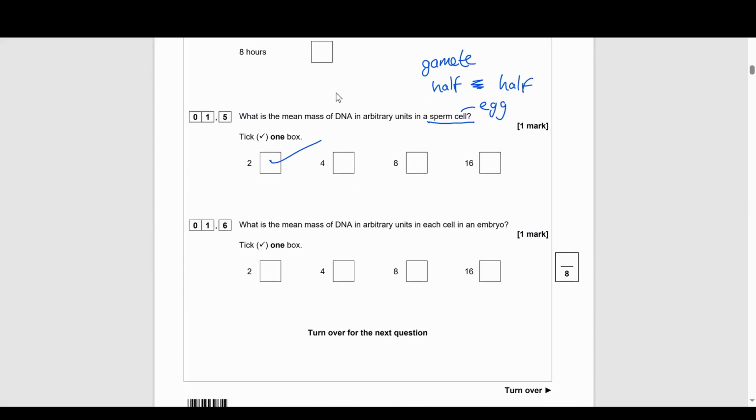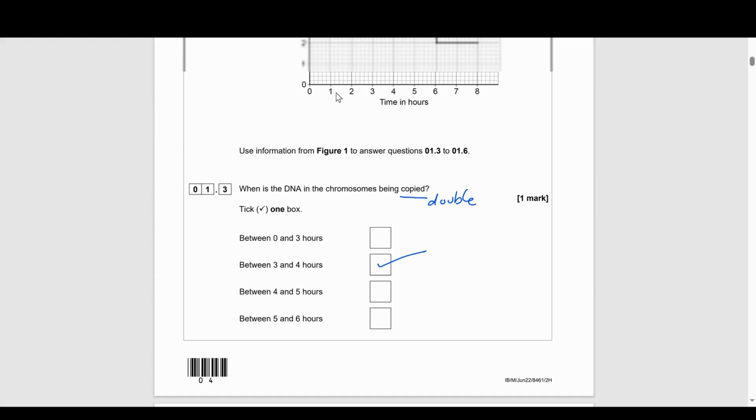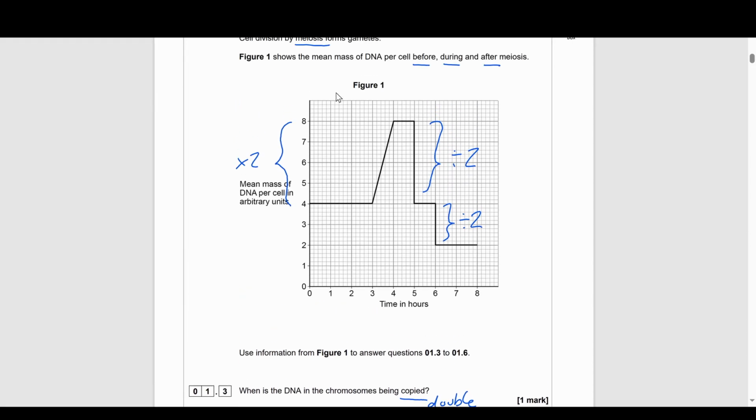What is the mean mass of DNA in arbitrary units in each cell in an embryo? Well, our embryo is going to be produced as a result of fertilization, when the sperm and the egg have fused. At that point, it would need to be double what is in a gamete.